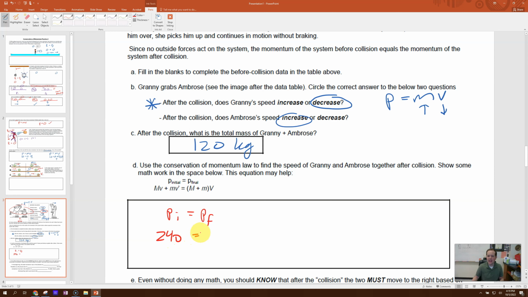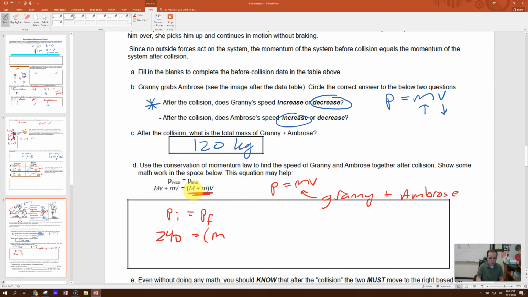What's the momentum in the end? Oh, I don't know. I tried to give you a little hint right here. Remember, Granny is holding on to Ambrose. They're together. So, yeah, p equals mv, but the mass is now Granny plus the child, plus Ambrose. Do I know what the mass of Granny and Ambrose is? Oh yeah, it's this 120.